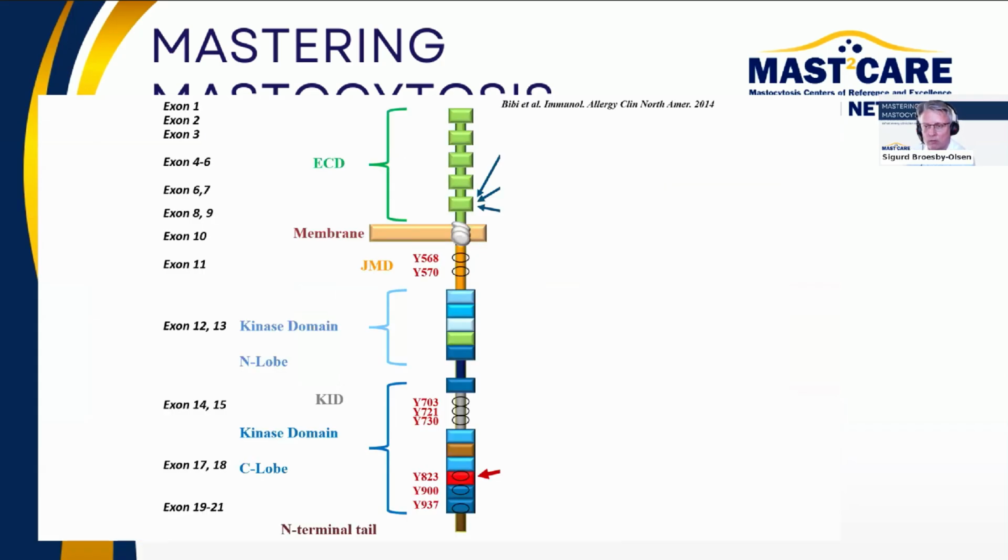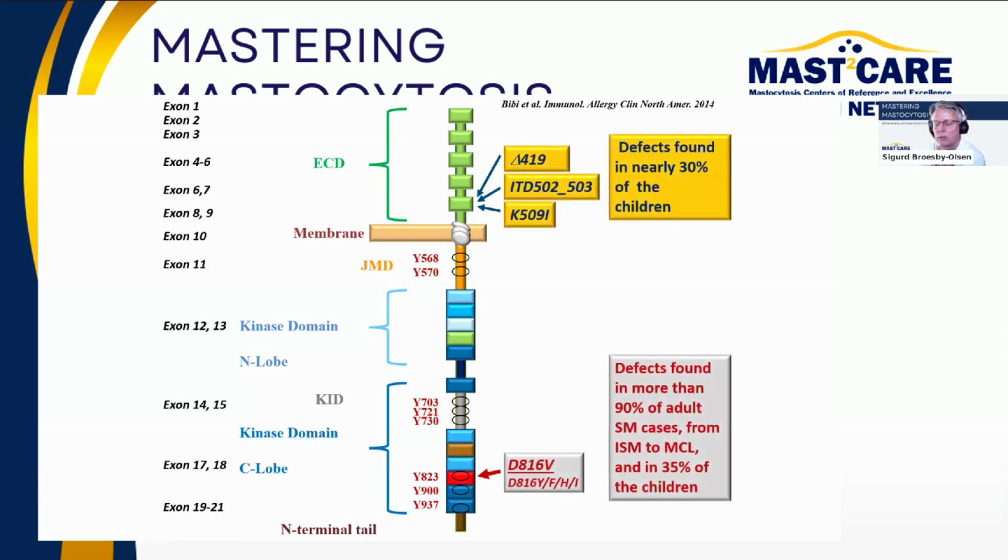So just ending my talk on the third topic, that is prognostics. And I will not touch much on allele burden, but just briefly touch on pediatric mastocytosis, because mastocytosis is not only D816V, it's also other KIT mutations. And I think Polina mentioned this.